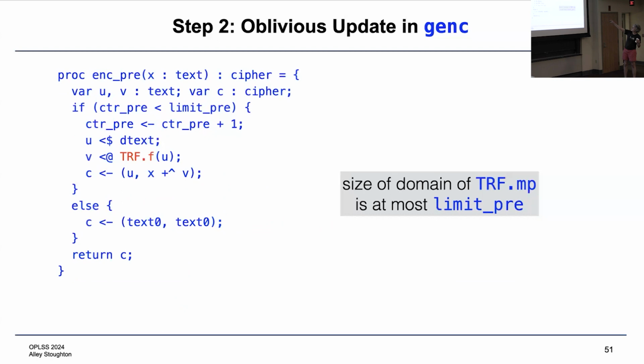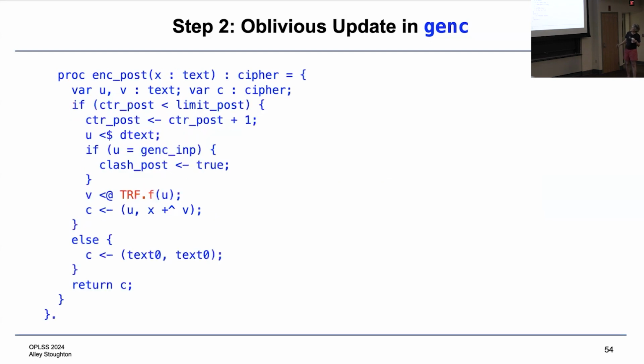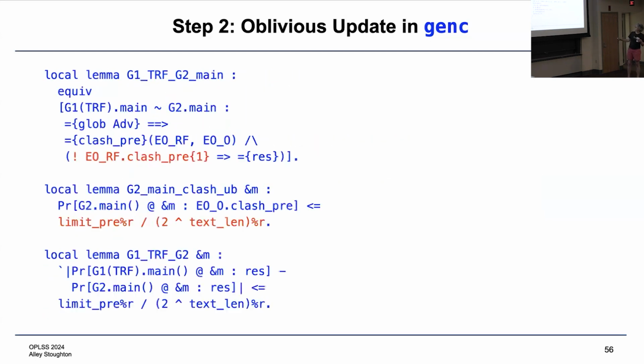This is called up to limit pre times. It's calling trf.f with U, and so the map is having stuff added to it. So the domain of the map is going to be at most limit pre, which is why the probability that the bad event happens is upper bounded by that.